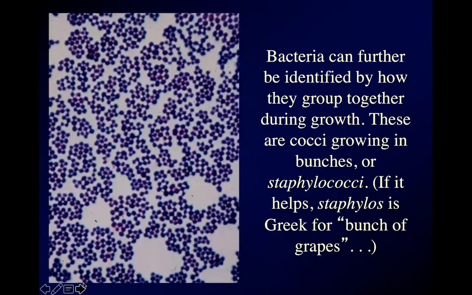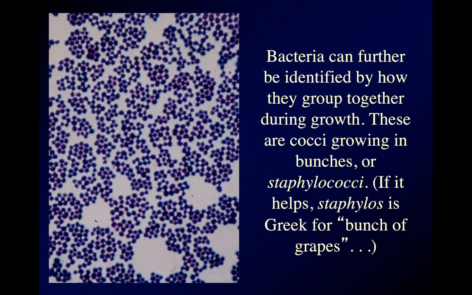You can further identify bacteria by how they group together. These are cocci, and they're growing in bunches. The Greek word staphylos happens to mean a bunch of grapes, so we call these staphylococci. Again, I will never test you on whether you know what ancient Greek words mean.